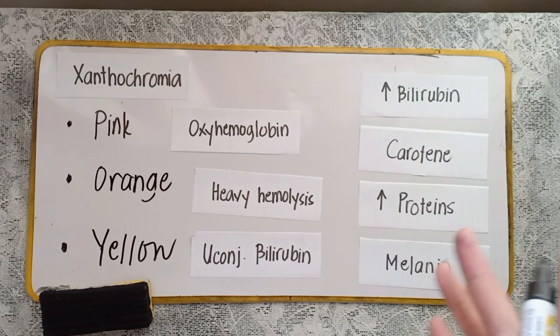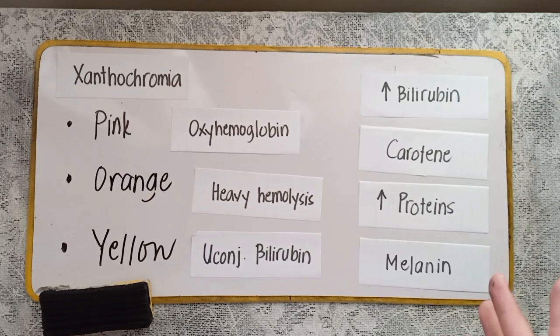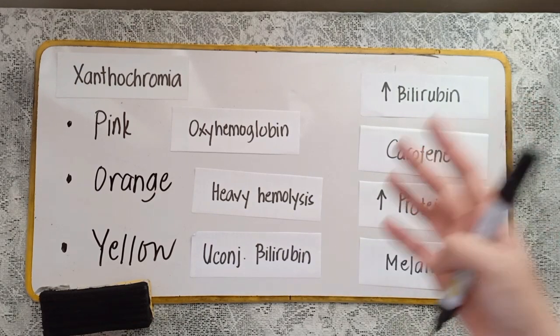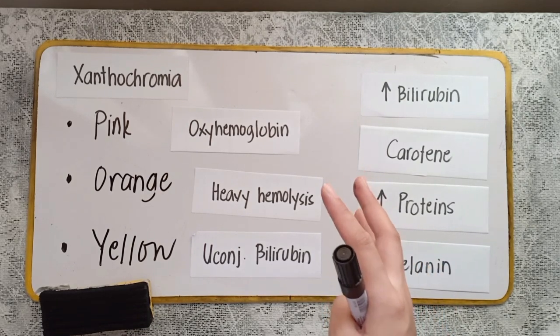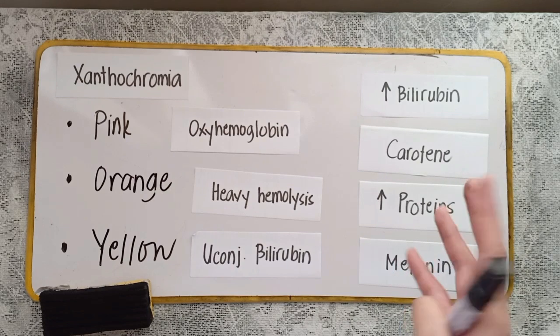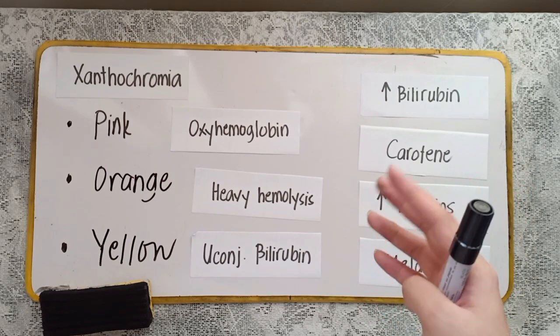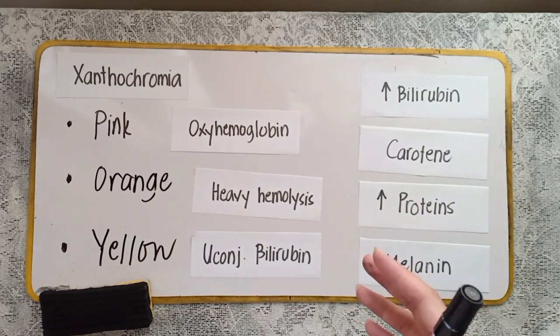Take note, class, that xanthochromia caused by bilirubin due to immature liver function is also commonly seen in infants, particularly in those who are premature. Again, it is commonly seen among newborn patients, particularly premature infants.